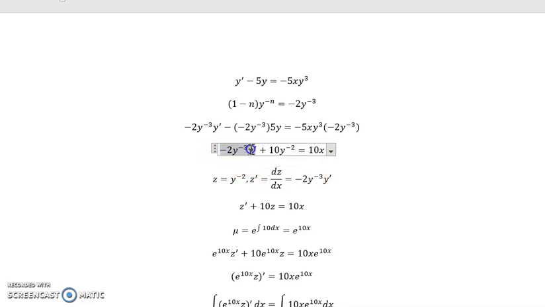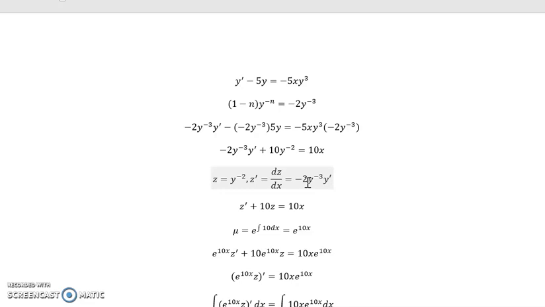Well, that turns out to be exactly this term. It's exactly this term because I put the 1 minus n up here. If you don't put the 1 minus n up there, you will get a term that has all the same y components, the power of y and the y prime, but it will not have the right constant on it.